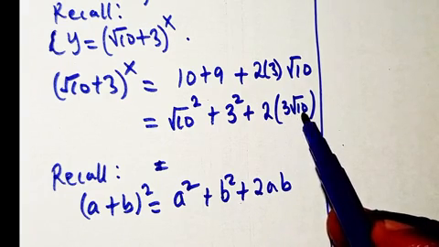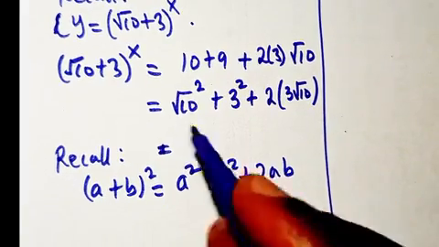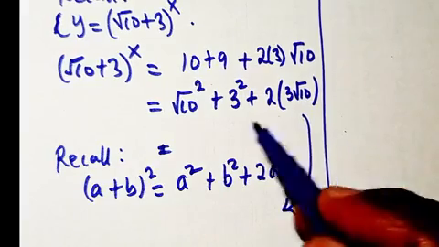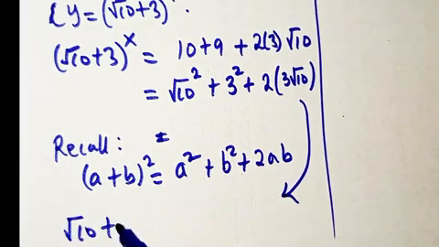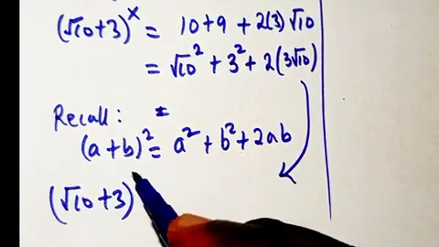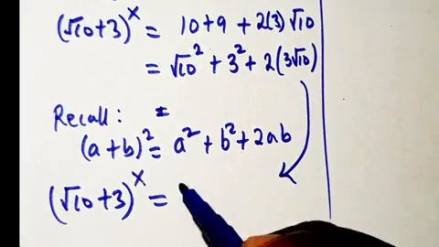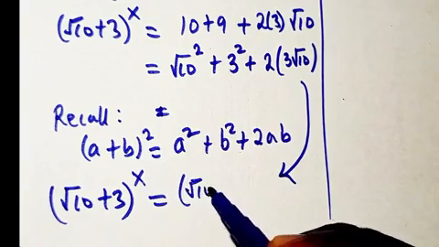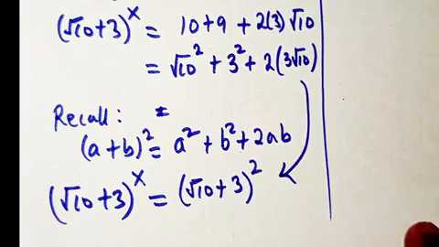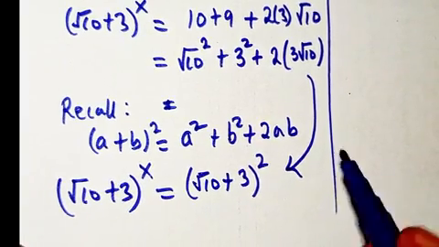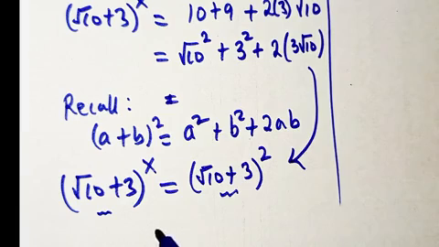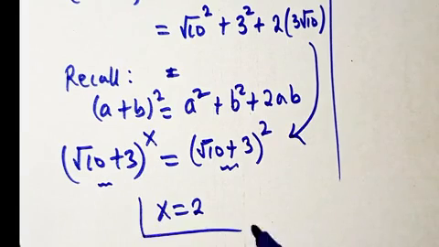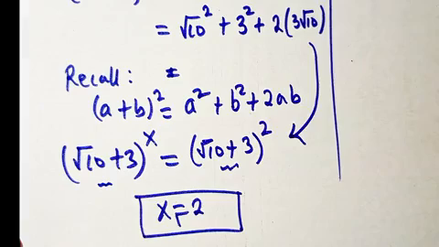So therefore we can say that root 10 plus 3 to the power of x equals root 10 plus 3 all squared. From there you can see we have root 10 plus 3 here, and this and this are the same thing, so we can conclude that x equals 2 for the fact that the bases are the same. So we have the first one, that is x1 equals 2.